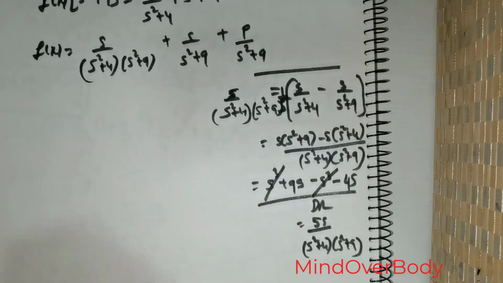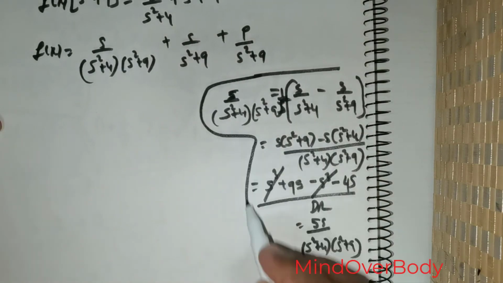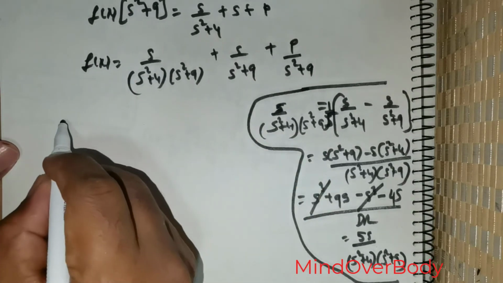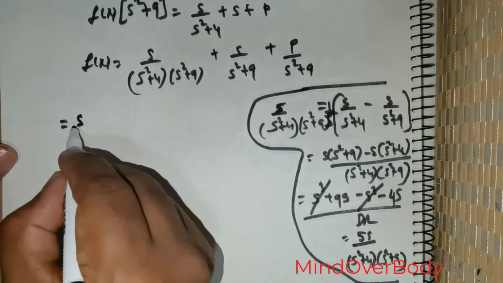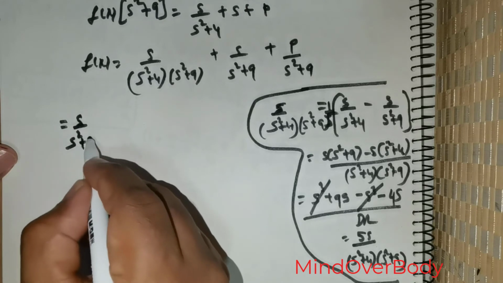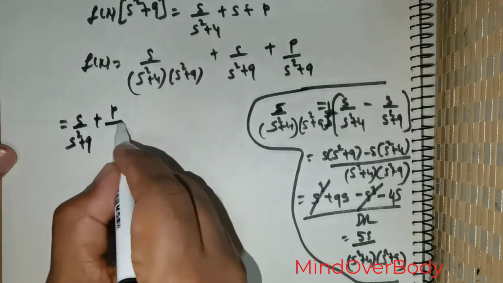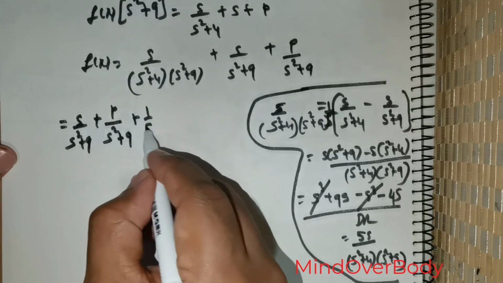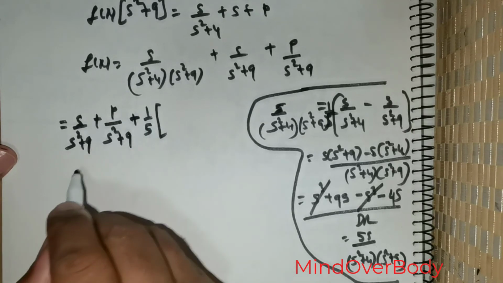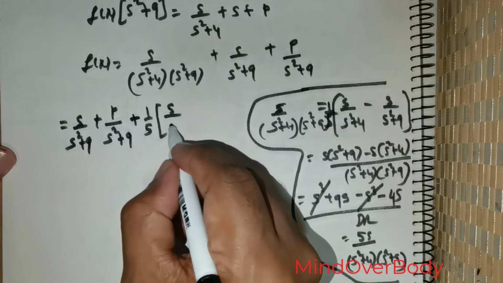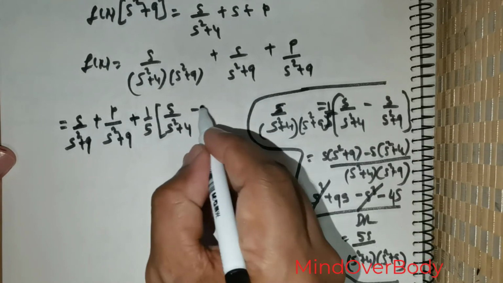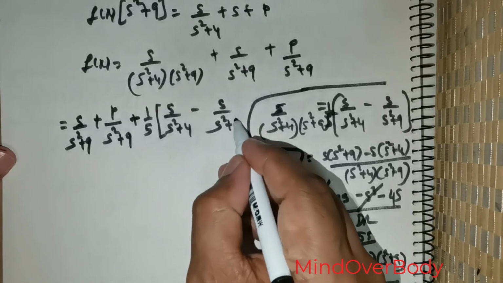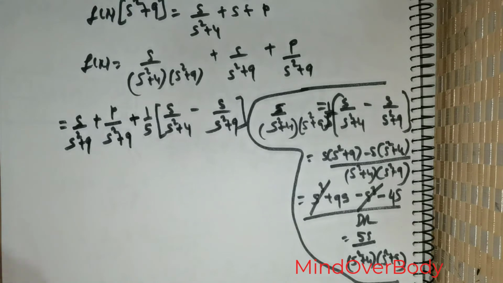That's exactly what I wish to show you. All these things are for understanding purposes. So I will start off by writing this term first: s divided by s squared positive 9 positive p over s squared positive 9 positive 1 over 5 times this quantity, s divided by s squared positive 4 negative s divided by s squared positive 9. So this is what we have got.